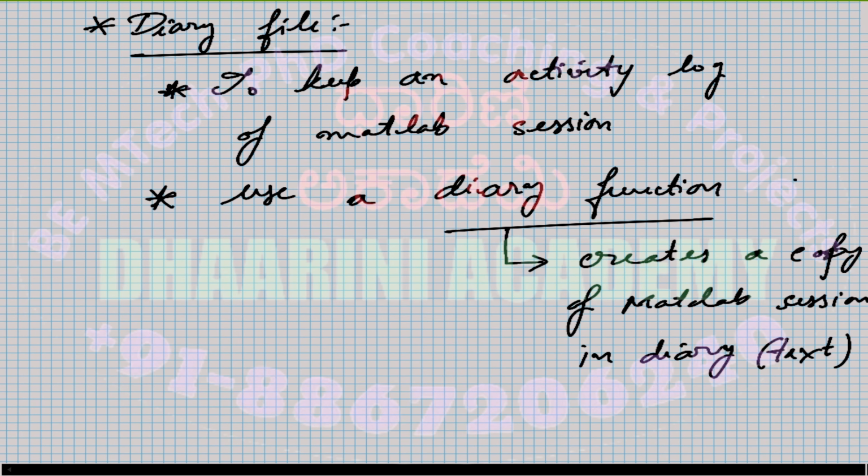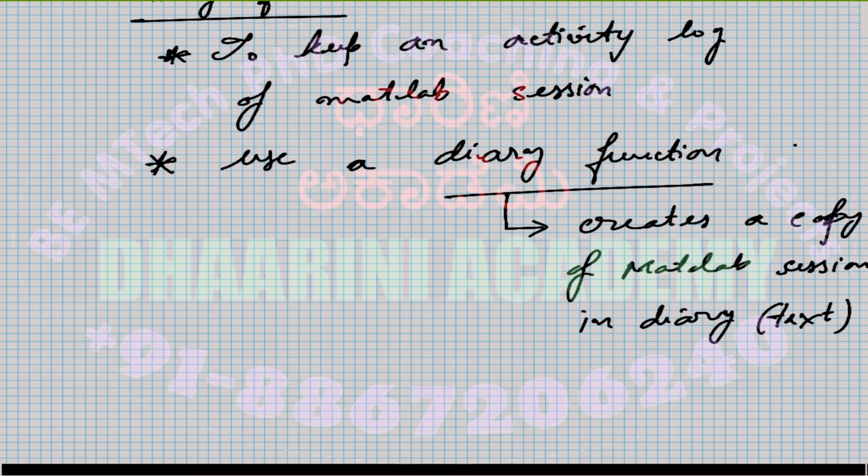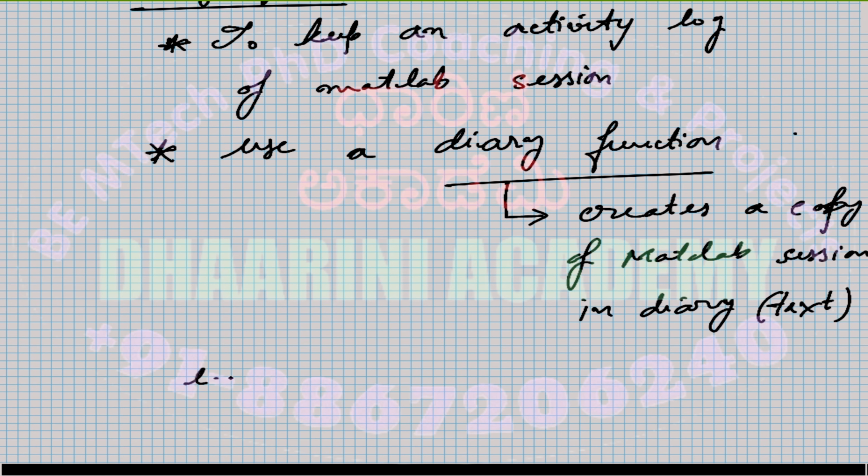So this is to turn it on. If you want to write to a diary, this is the particular format. I write diary, and you have to specify a name, so maybe mysession.out.